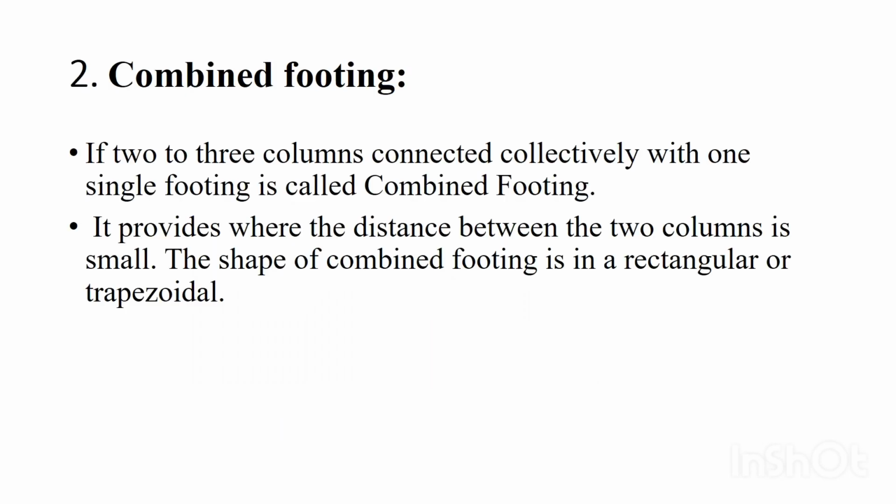Let's continue with combined footing. If two to three columns are connected collectively with one single footing, it is called combined footing. It's provided where the distance between two columns is small, and the shape of combined footing is rectangular or trapezoidal.